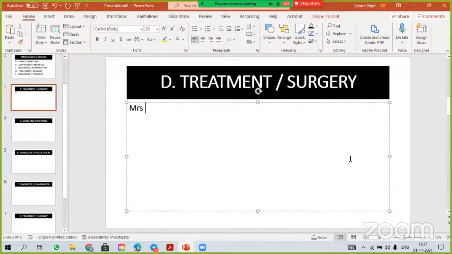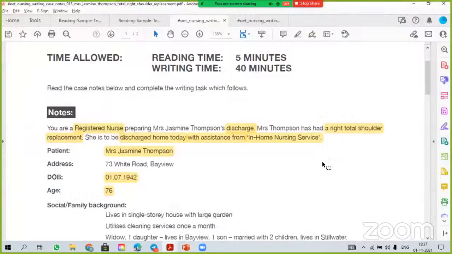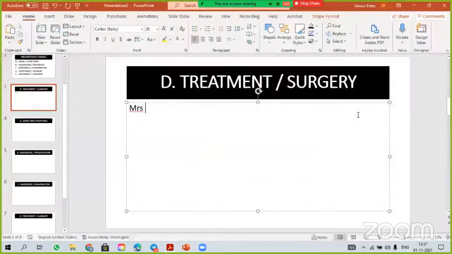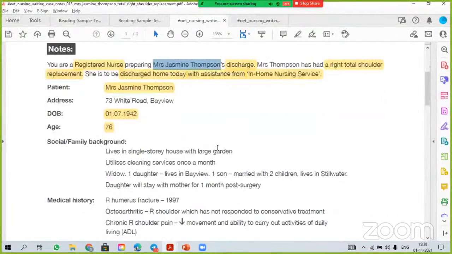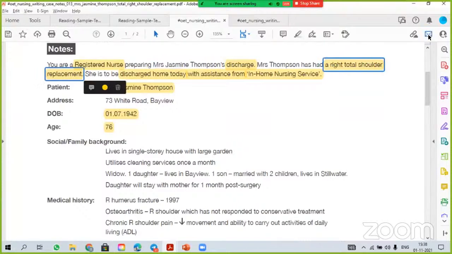Now let us go to the case notes once again. Mrs. Jasmine Thompson. So we'll be taking this one. Next one, what is that? Right shoulder replacement. Copy text.